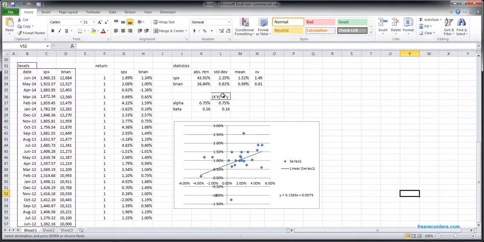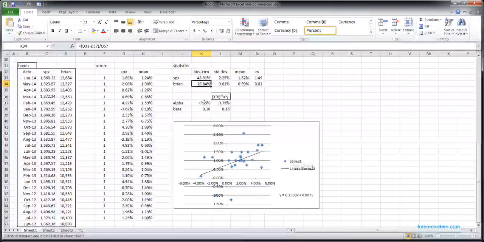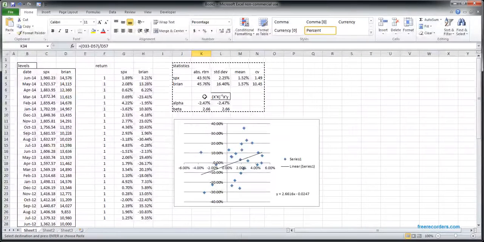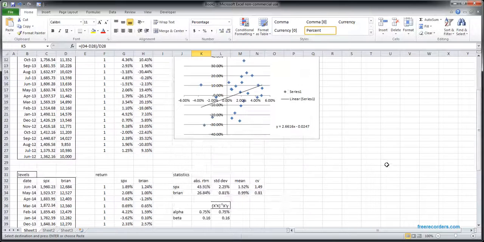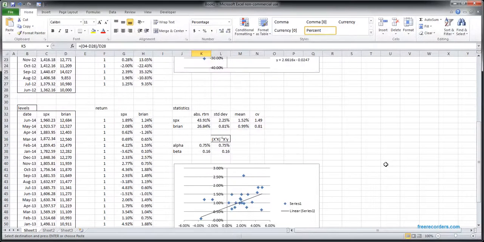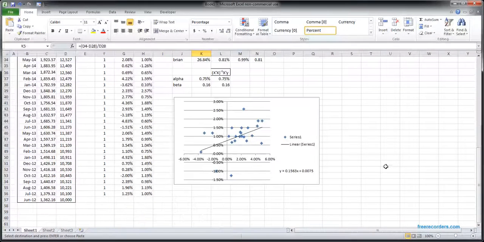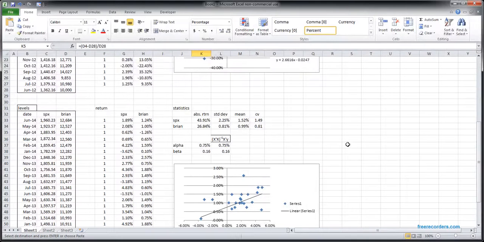So which of the two strategies would you rather invest in? Would you rather have 27% with less volatility, or would you rather have 46% with significantly more volatility? And that's kind of the age-old question with regard to investing. Personally, I would prefer the lower beta. I would prefer the less volatile strategy.